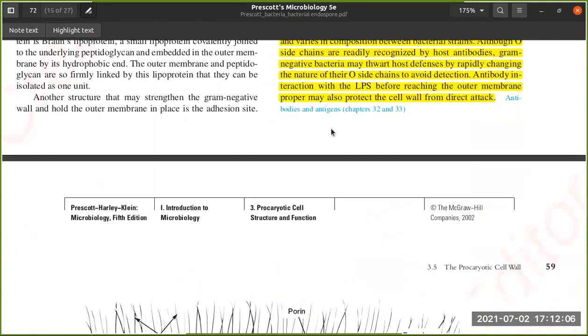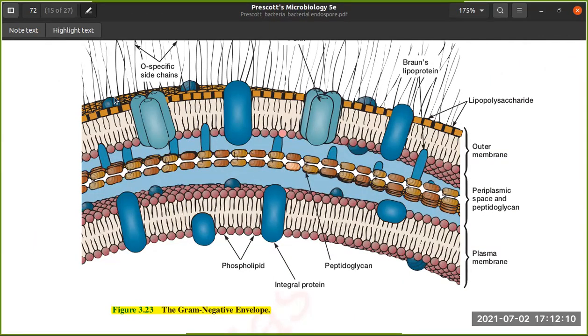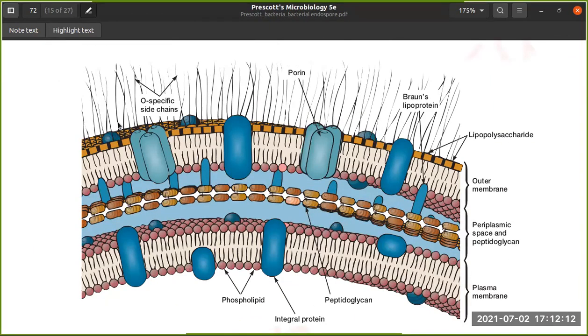Then you have the gram-negative envelope. You have O-specific side chains present. You see, in this periplasmic space in between, you have this peptidoglycan layer here, and this space is the periplasmic space. There is the outer membrane, the cell wall outer membrane.